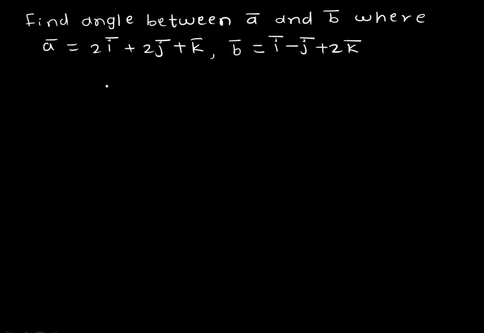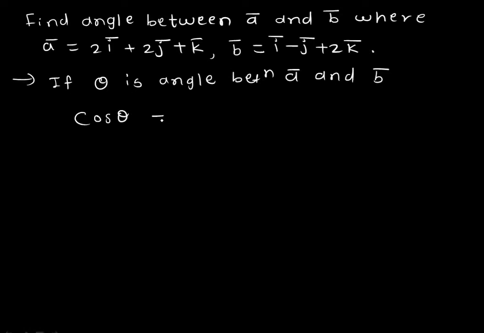Then we have to find the angle between them. If theta is the angle between a bar and b bar, then cos theta is equal to a bar dot b bar upon mod of a bar, mod of b bar.